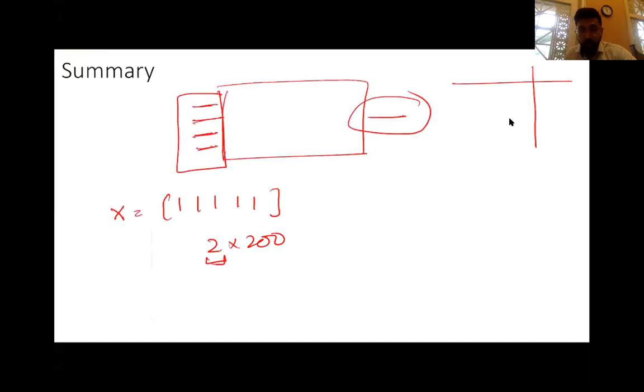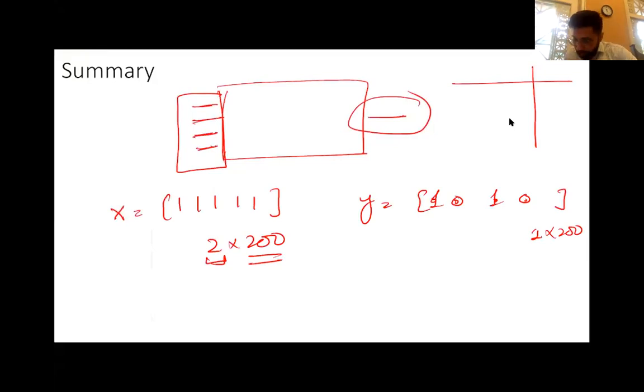So each data point has two components and you have 200 data points. And Y is 1 times 200. So you have a single vector with 200 elements, one for each data point. And this is either 1 or 0. It's a label of your data.